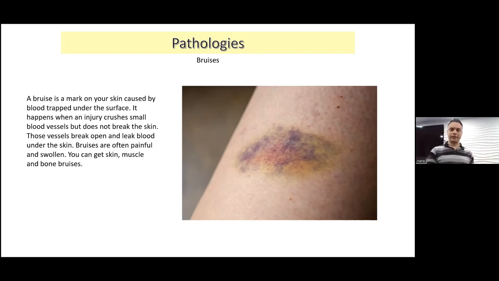And another thing that you typically say is that if the bruise is yellowing, as you can see in this picture here, the yellowing is usually an indication that there's healing going on as well. So that could be a good benefit.